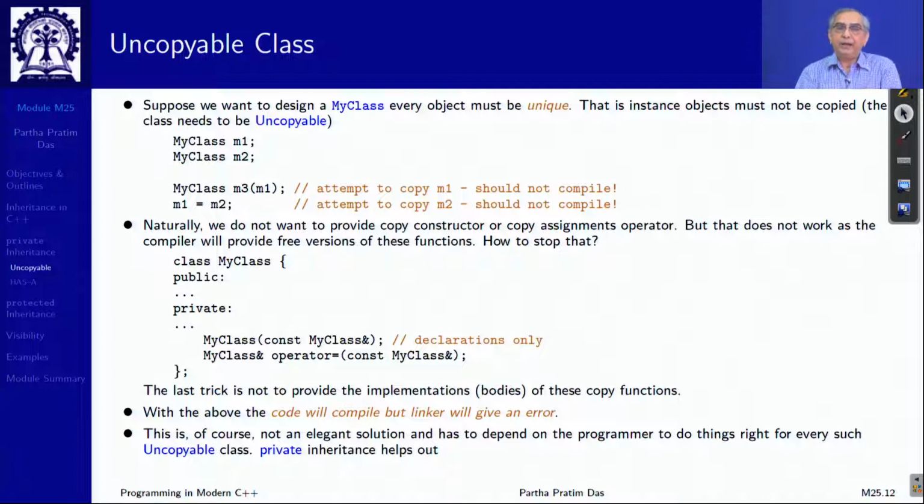I will show you an interesting application of private inheritance. This example is from Scott Meyers' Effective C++ or Effective Modern C++ book. The idea is nice, that suppose we have the general idea of classes and objects, and we have seen that there are in the real world certain situations where I want to design classes having a certain property.